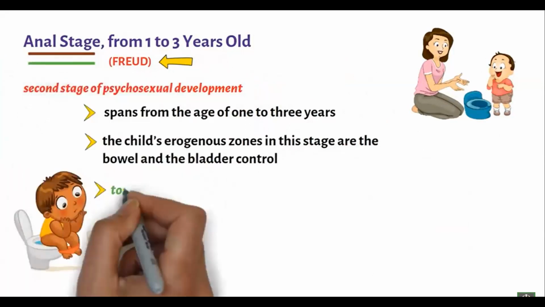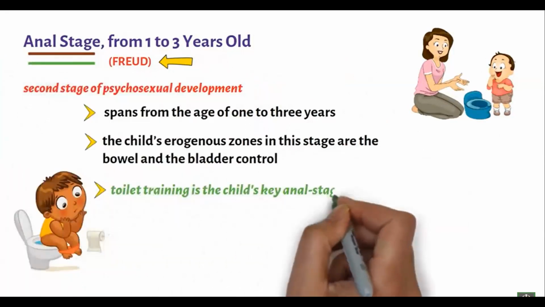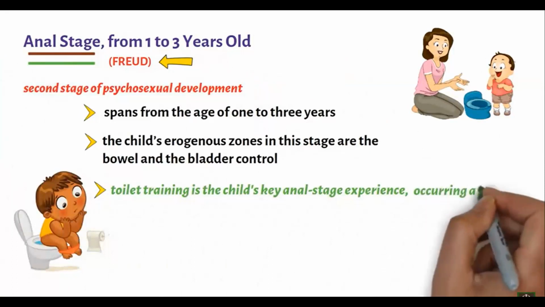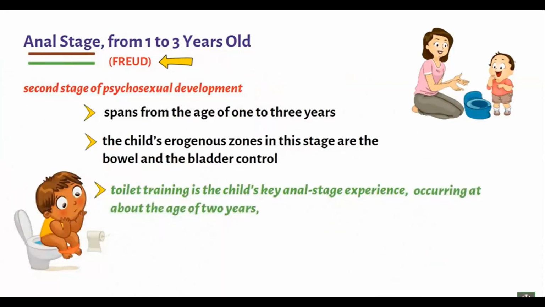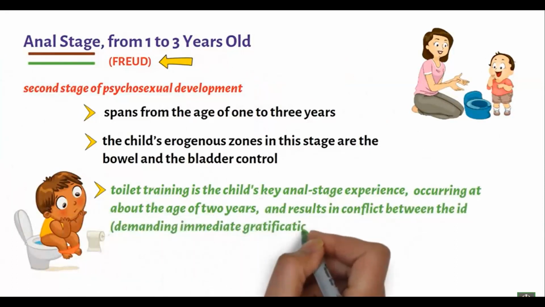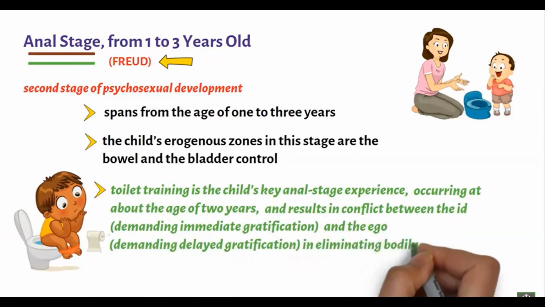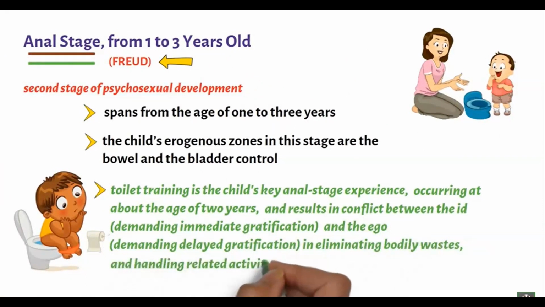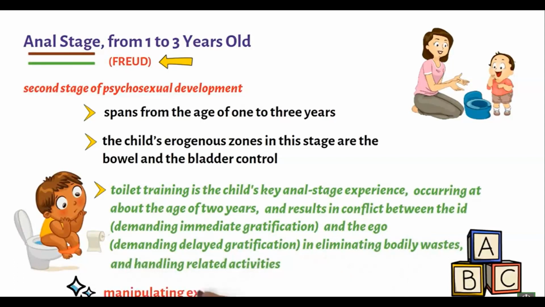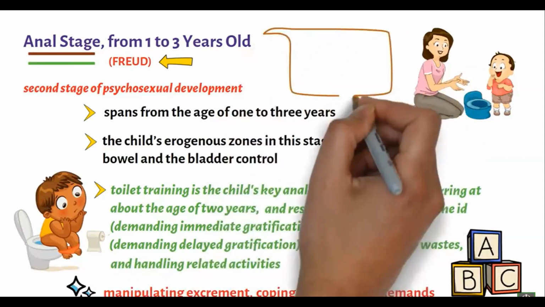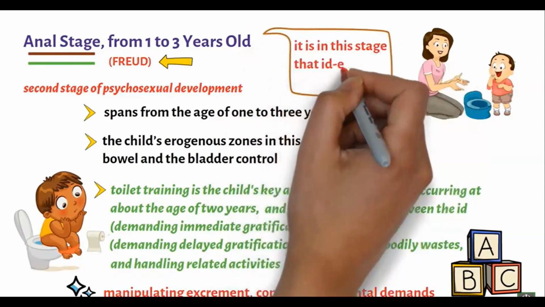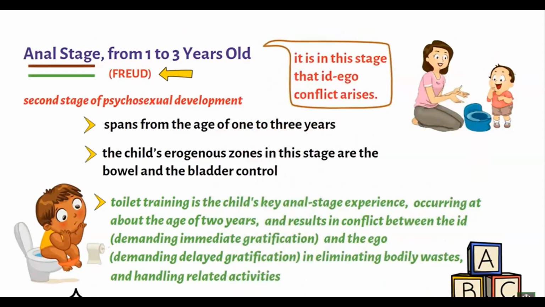Thus, in this stage, toilet training is the child's key anal stage experience, occurring at about the age of 2 years, and results in conflict between the ID, demanding immediate gratification, and the ego, demanding delayed gratification, in eliminating bodily wastes and handling related activities. For example, manipulating excrement, coping with parental demands. As we can see, it is in this stage that ID-ego conflict arises.